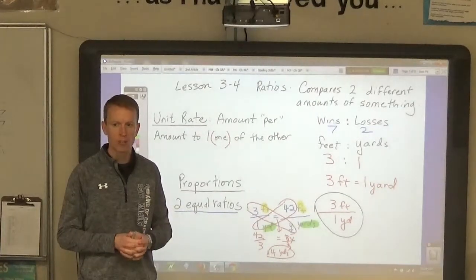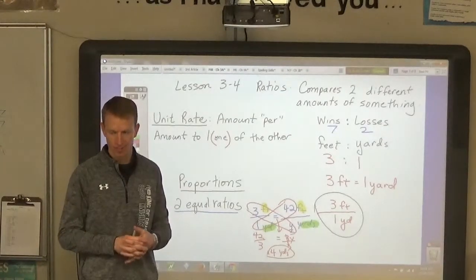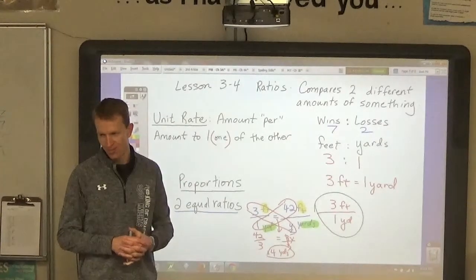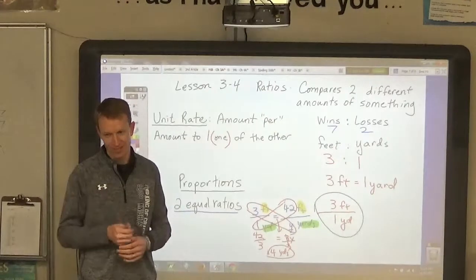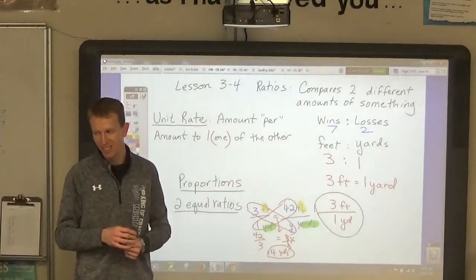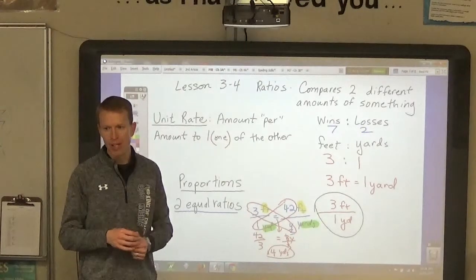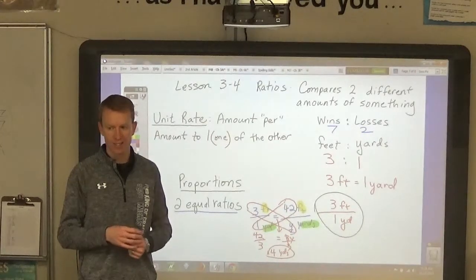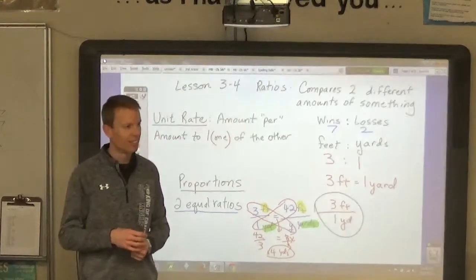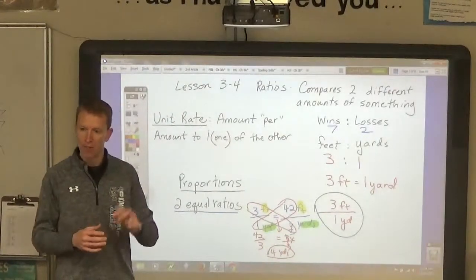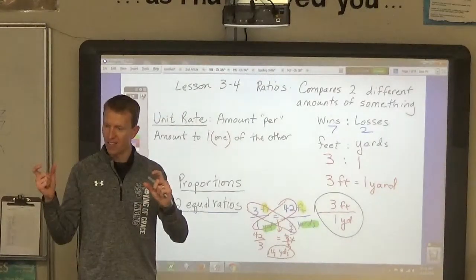Do you know how many ounces are in a cup? 8. How many quarts are in a gallon? 4. Yeah, that's a conversion factor. 4 quarts to 1 gallon.